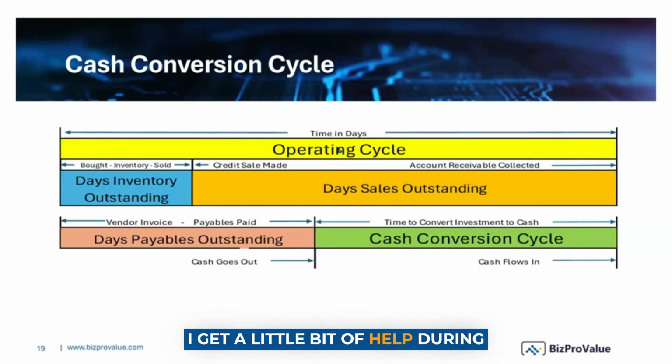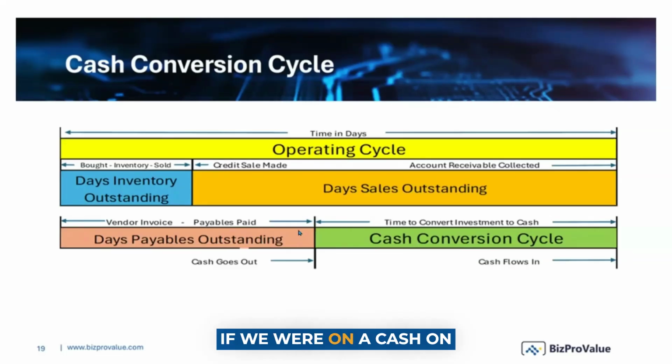I get a little bit of help during that operating cycle by something we call the days payable outstanding. And that means that cash doesn't have to go out on the day that I buy it, but rather it's the day that the invoice from my provider is due. And so if they give me 10 or 20 or 30 or 40 days, that offsets and shortens this cash conversion cycle.